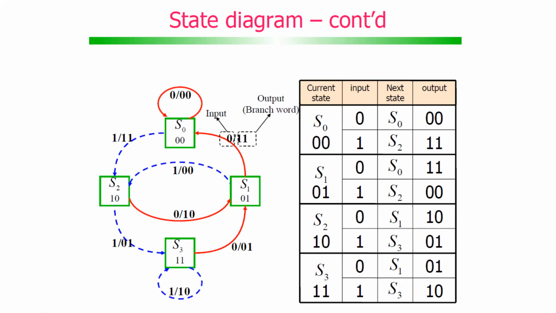So what I mean to say is that a convolutional encoder can also be represented using a state diagram. There is a problem with representation using a state diagram. What is the problem? The problem is that state diagrams do not incorporate any timing information.